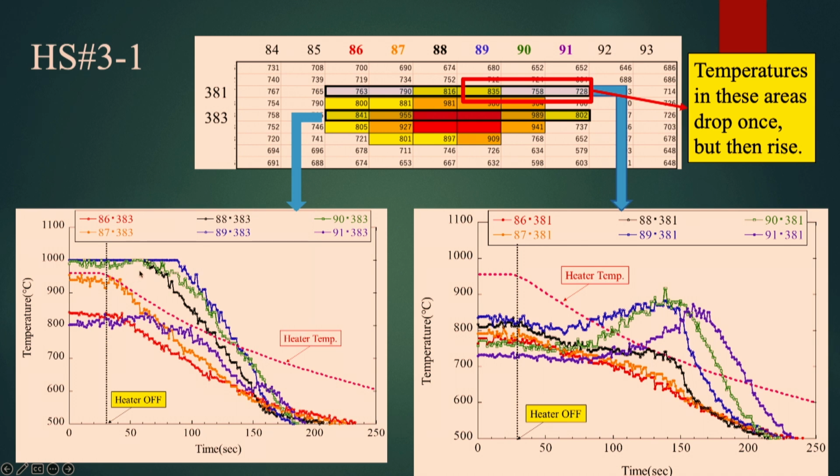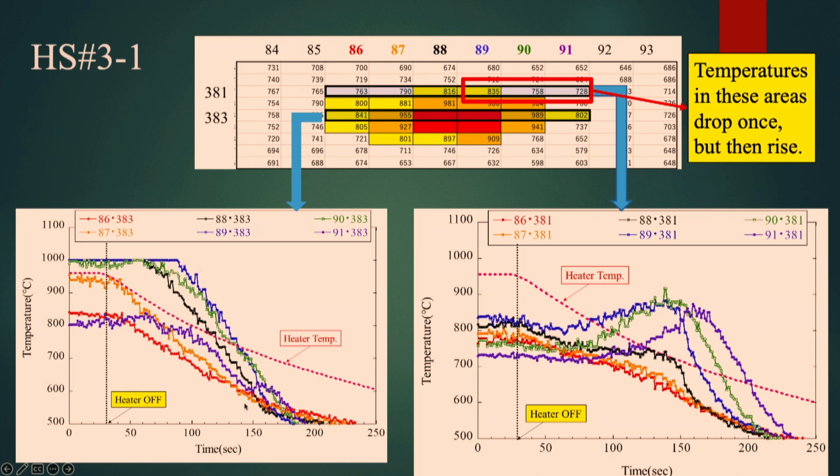And these graphs are plotted with each point's time change along the horizontal axis. As you can see, these 2 points are overrange, and after the heater is switched off, they gradually decrease. And the other points are here like this.